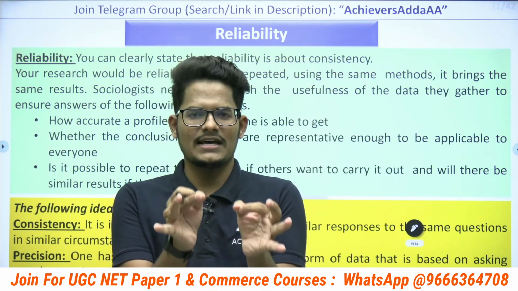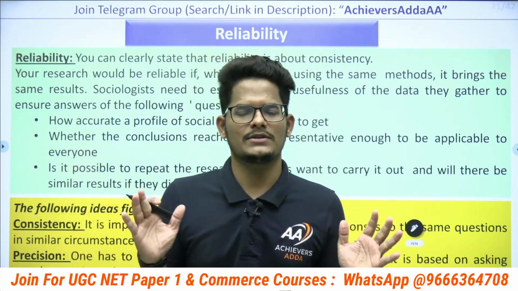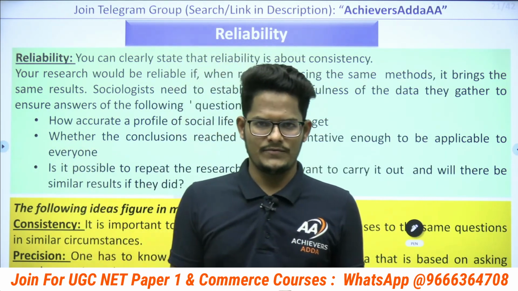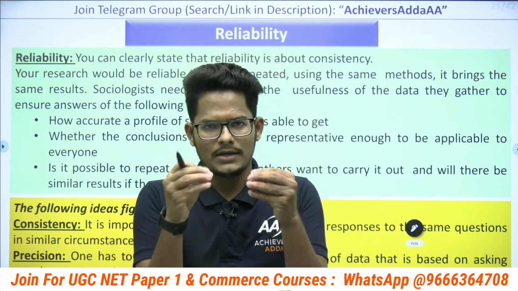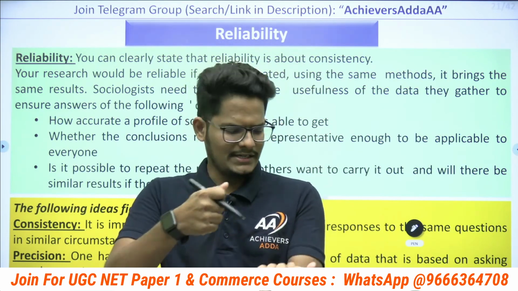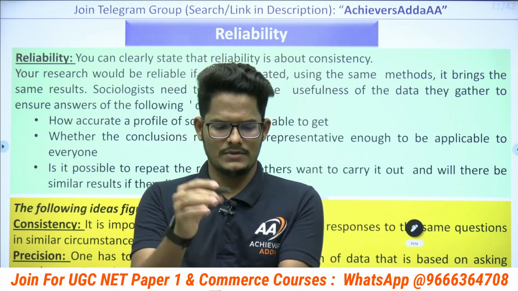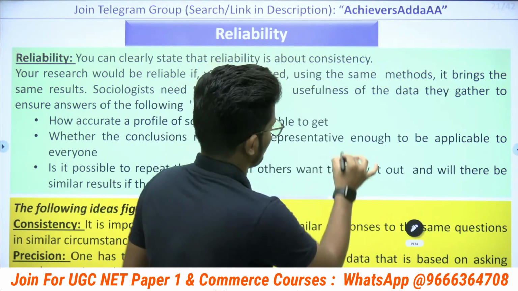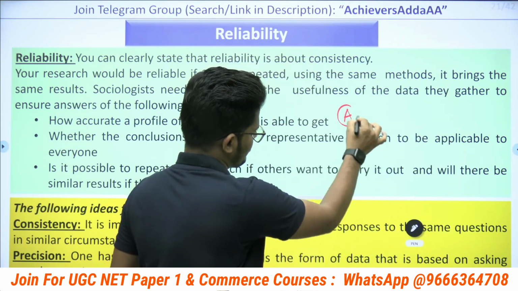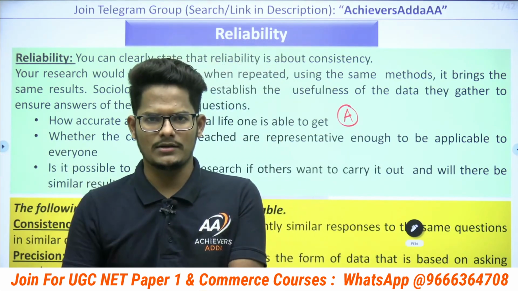So when the results are consistent, it means repeatability must be there. If I got some health issue, I went to doctor number 1. He tested my BP and he gave a value, A. Immediately, within the next 15 minutes, I went to doctor number 2.